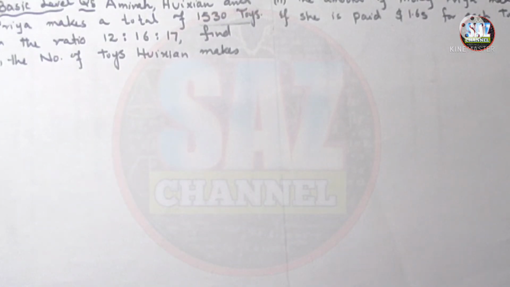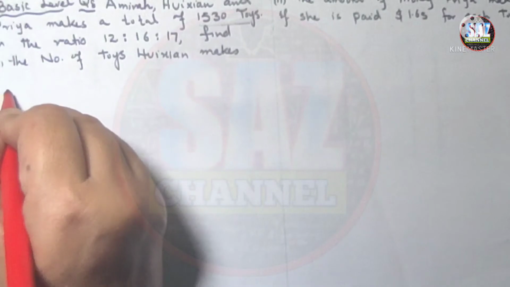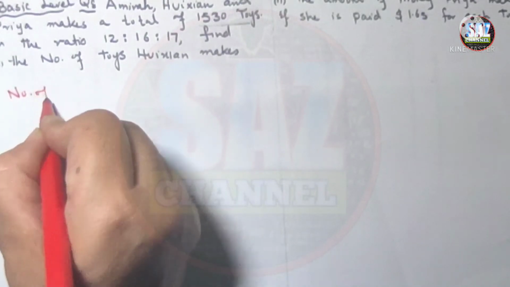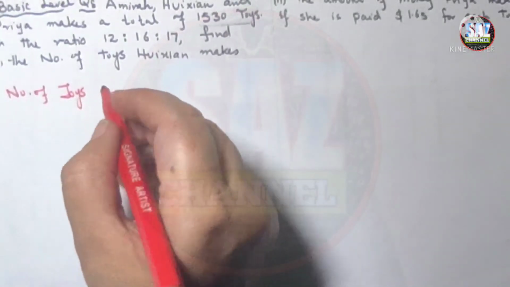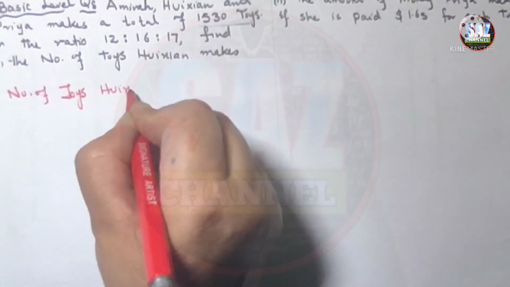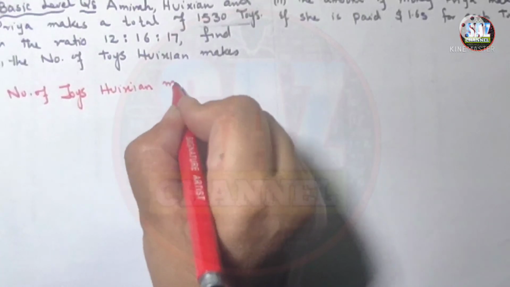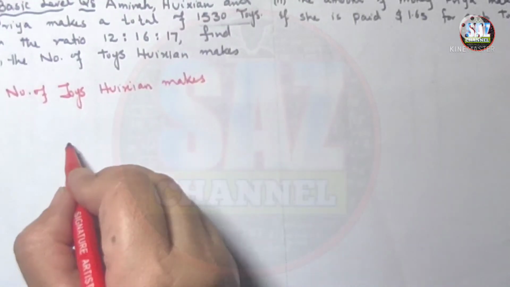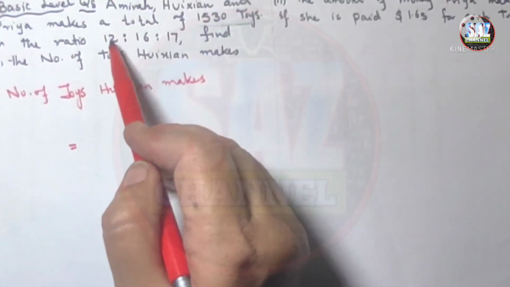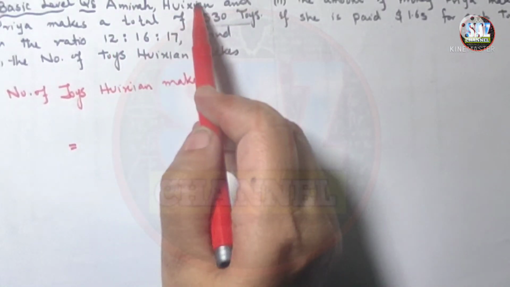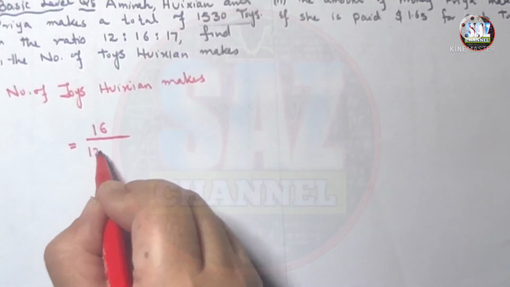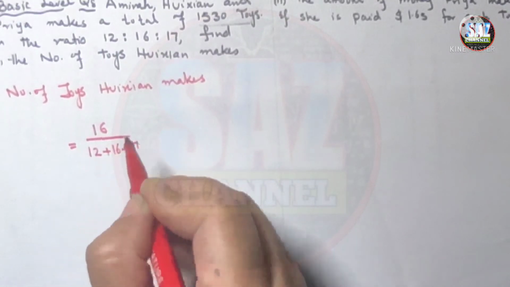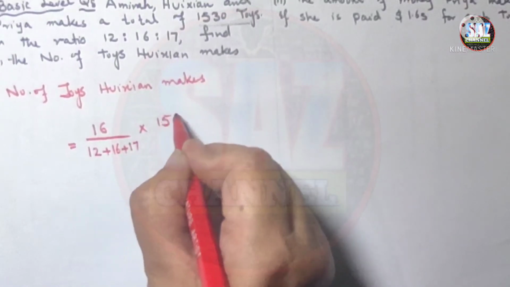In order to find the number of toys Higson makes, as we are given the total, we see Amira has the part 12, Higson has the part 16, upon the sum of the ratios 12 plus 16 plus 17, multiplied by 1530.